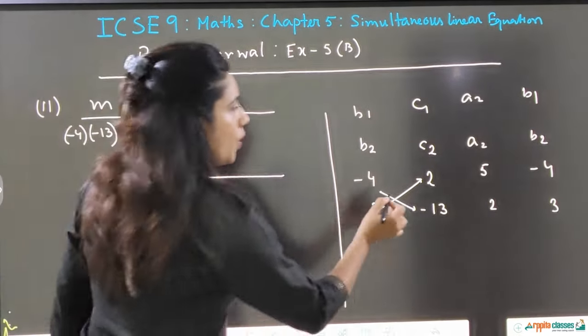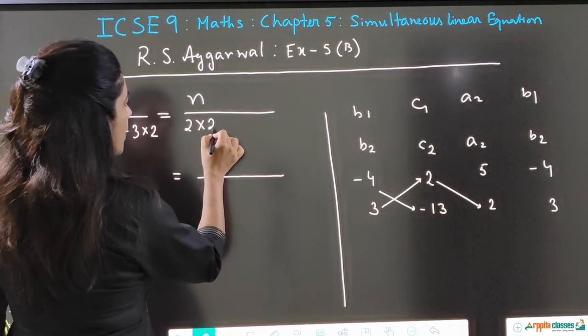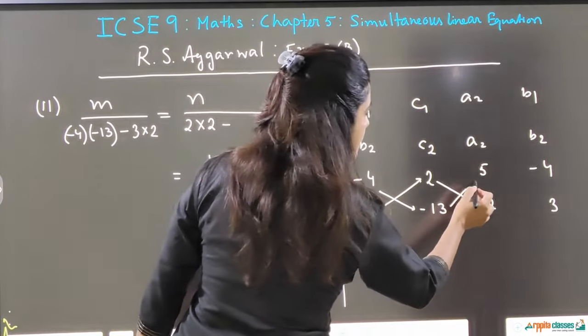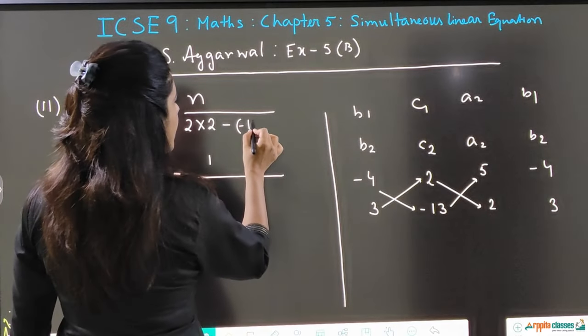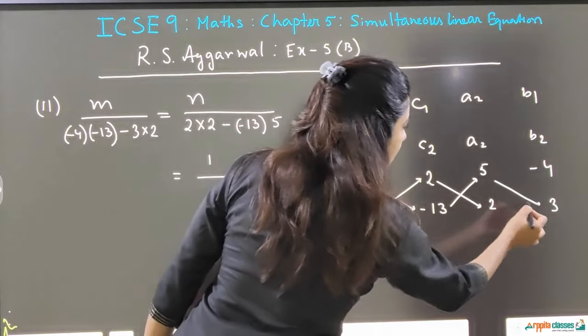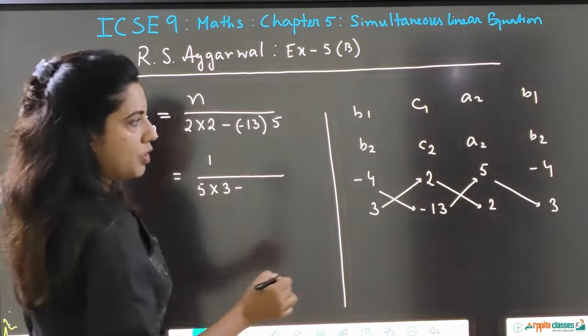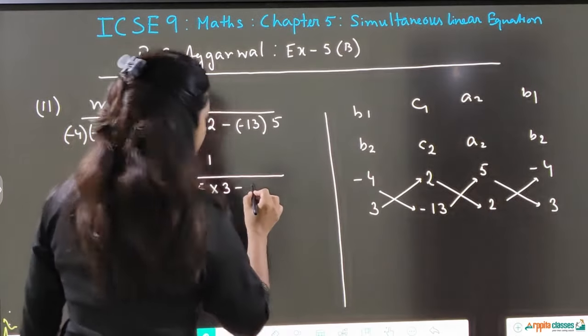Under n upon, we are going to write 2 into 2, a minus sign, and then minus 13 into 5. Under 1 upon, it will be 5 into 3, a minus sign in between, and 2 into minus 4.